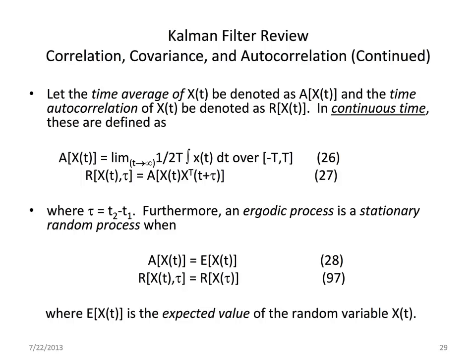In other words, tau is the absolute value of t2 minus t1 or t1 minus t2, it doesn't matter. It's an absolute value. For a given x of t, the expected value of x of t is mu, which is m sub x, and we saw that in the previous slides.